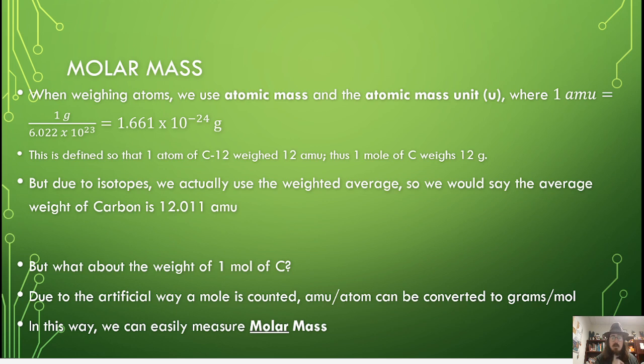So if I have 12 AMUs in an atom, that's also 12 grams per mole. So there's an easy way to convert atoms to moles. And so instead of the atomic mass, we can look at what we call the molar mass, the mass on the mole scale.